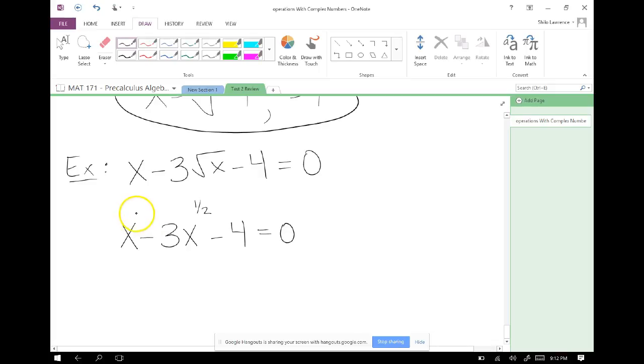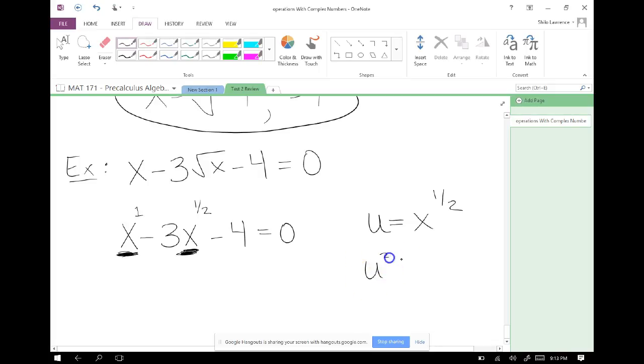And my x in the front doesn't have a power written, which means it's a power of 1. So this does follow the format that we described, where one power is double the other power. It's 3 terms, and one power is double the other power. So the first one is the power that's doubled, and that middle one is the power that's not doubled. And remember, we're going to let u be the power that's not doubled.